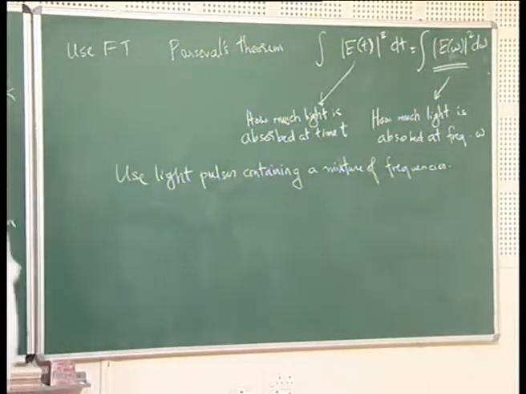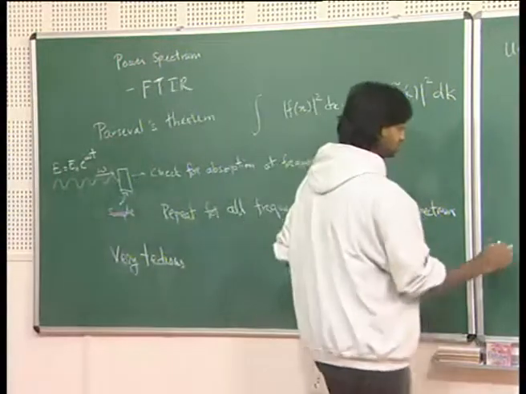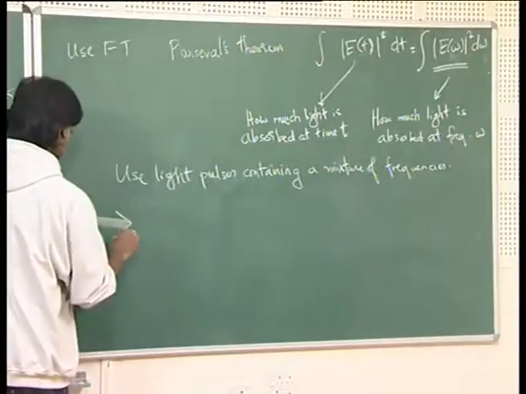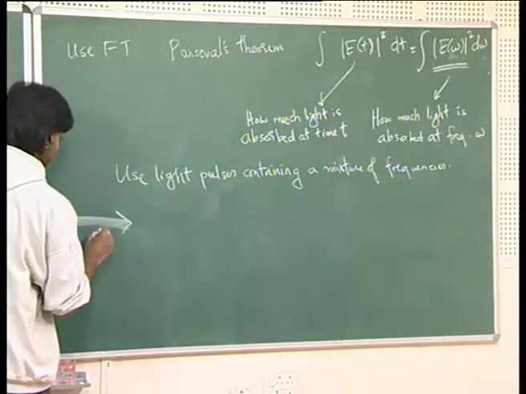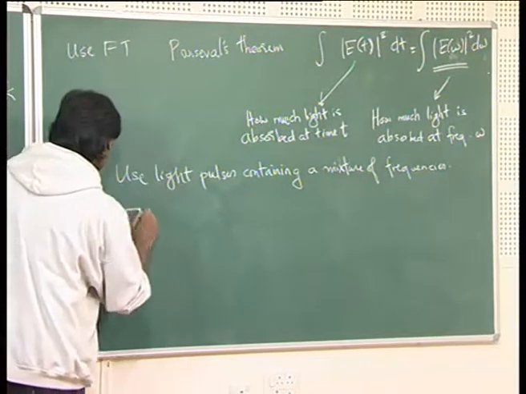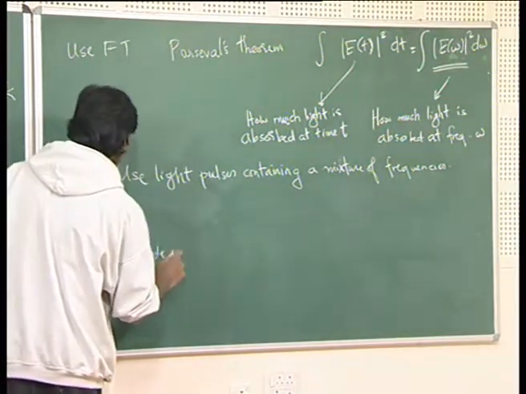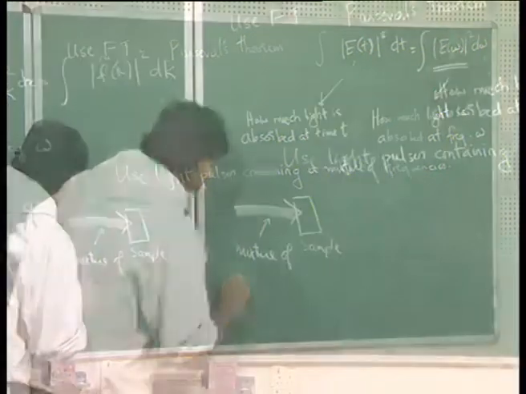In the earlier case you sent light of only one frequency, only one omega, but here you are sending a pulse that has a mixture of many frequencies.